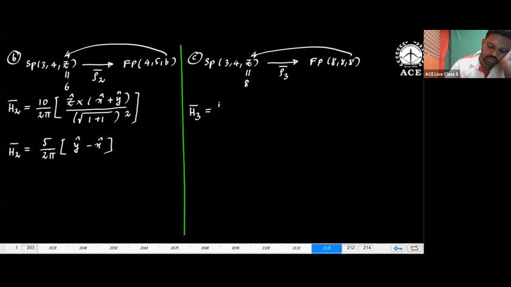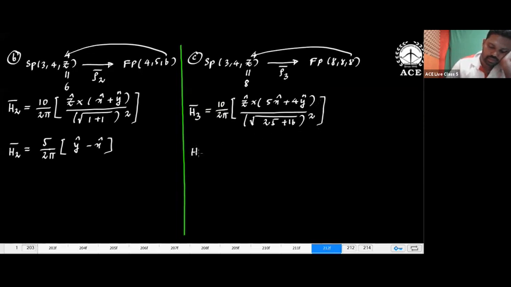H3 is equal to 10 by 2 pi, Z cap cross product with 8 minus 3 is 5x cap. 8 minus 4 is plus 4y cap. Divided by square root of 25 plus 16 whole square.